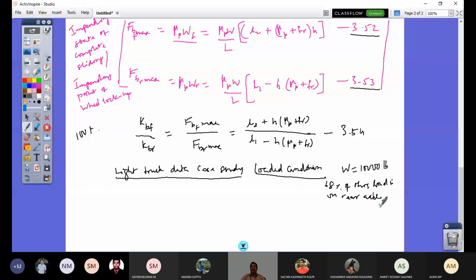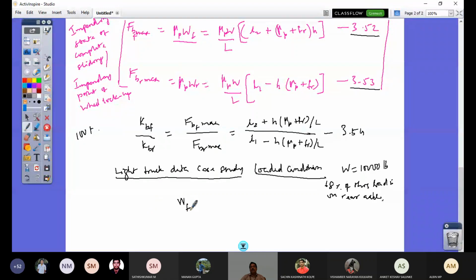So that means now, how do I get my expressions? Look at here. In this mu P times W, if I take, I can also divide this by L, I can have it like that. So L2 by L is what? So how do I get this? See, you know now what is my WF static condition. This ratio is similar to whatever the load distribution is during the static condition of your vehicle. Static load distribution. So what is the static load distribution?